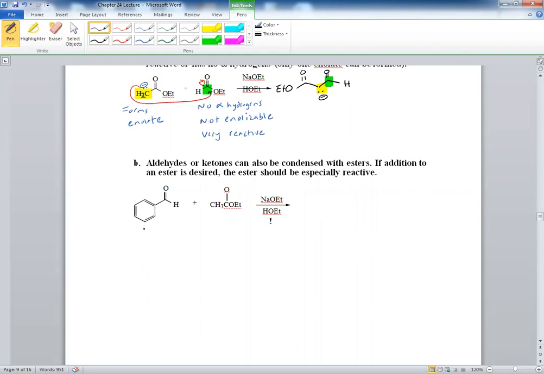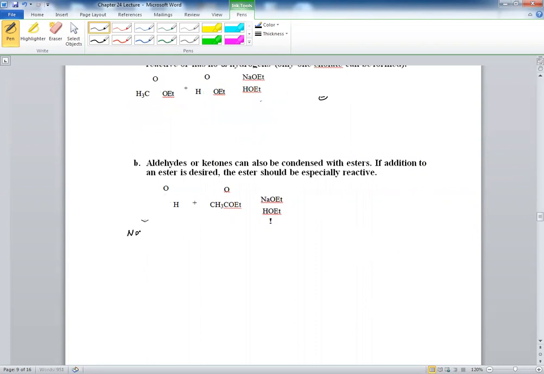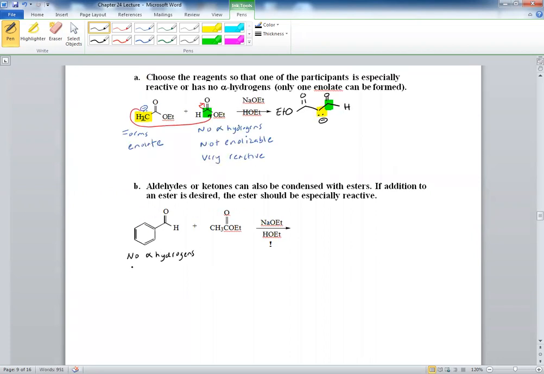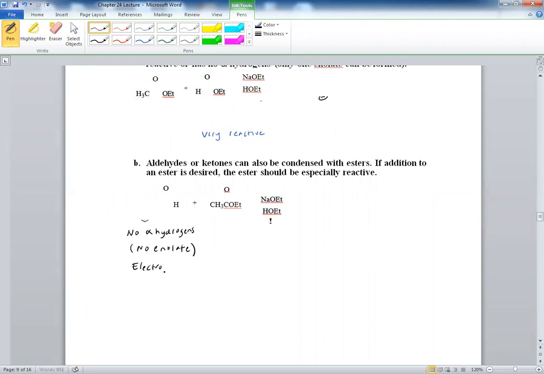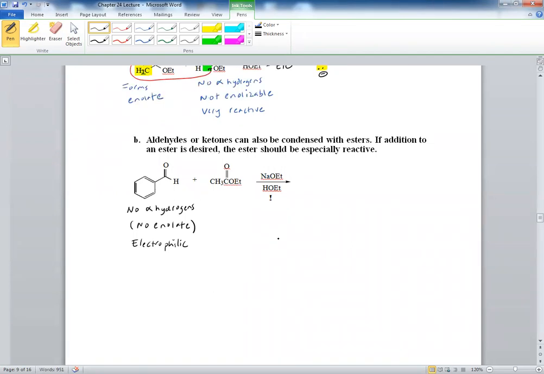Here we have an aldehyde, and it has no alpha hydrogens, so you can't form an enolate, and it's very electrophilic. And here we have an ester that forms an enolate.